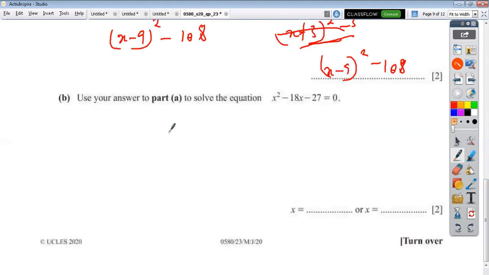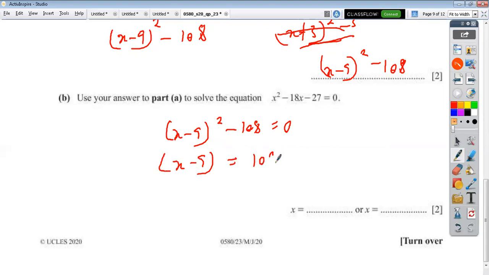Now use your answer to solve this. So look at this. It means x minus 9. Now we're not using the quadratic formula. We're using our answer: x minus 9 squared minus 108 is equal to 0. Move this to the other side. So x minus 9 squared is equal to positive 108.